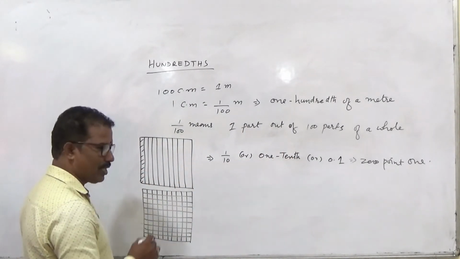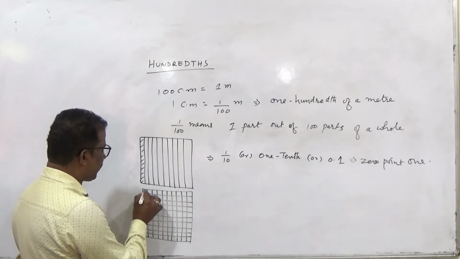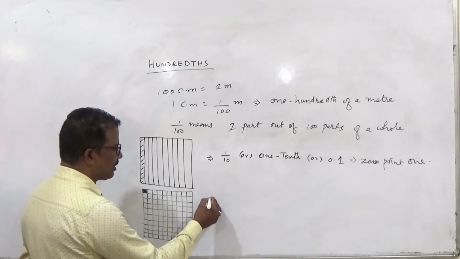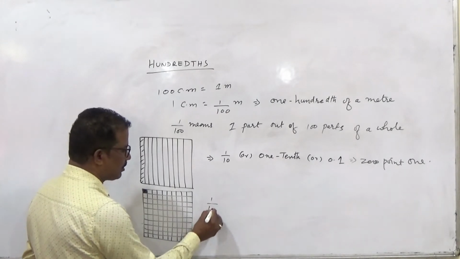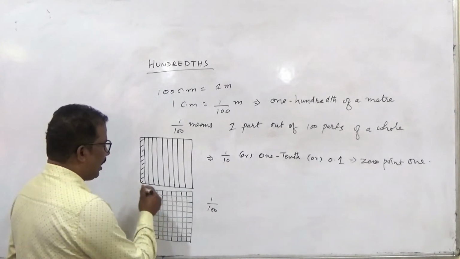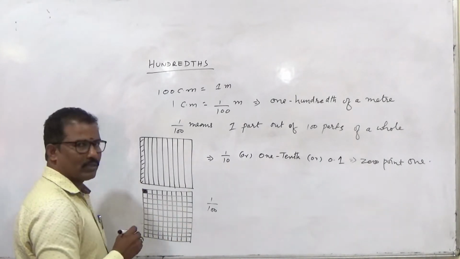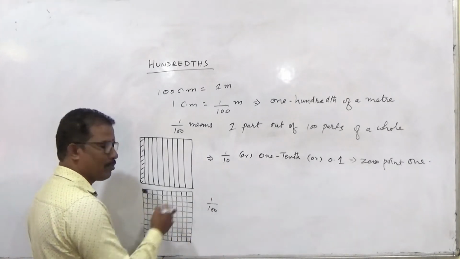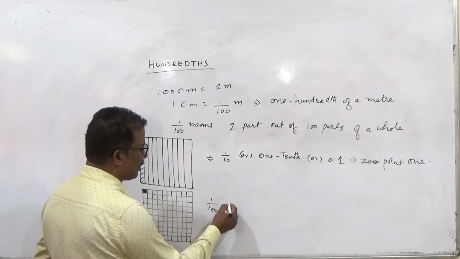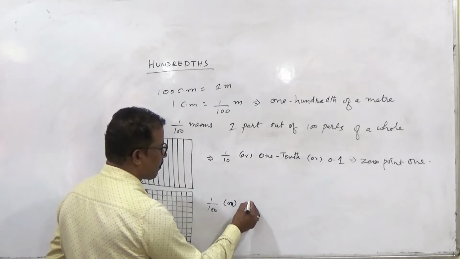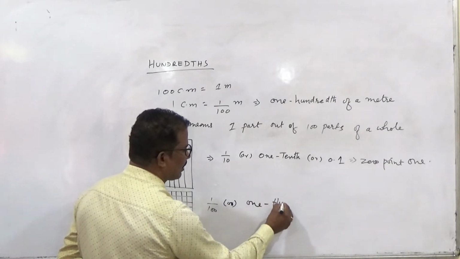If I take one part among these 100 equal parts, the fraction for this is 1 by 100. Why so? Because among these 100 equal squares, only one square is shaded. So the fraction for this shaded part is 1 by 100, or 1/100th.